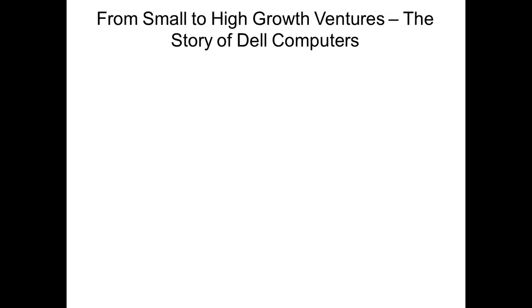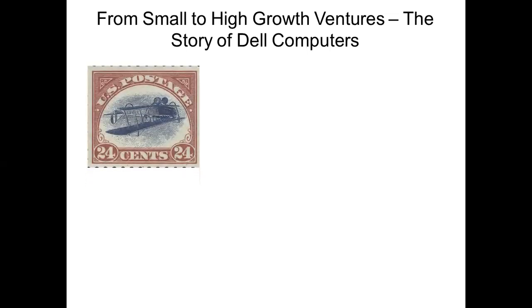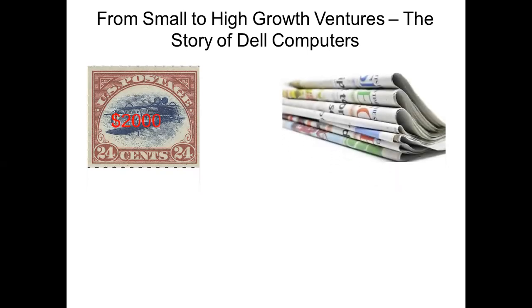Michael. So Michael started selling collectible stamps through the mail. He typed his catalog one key at a time, since he had never learned to type. And he made around $2,000 through this business. His next business was selling newspaper subscriptions by phone from home.